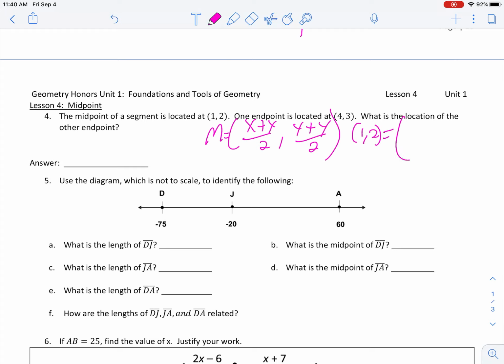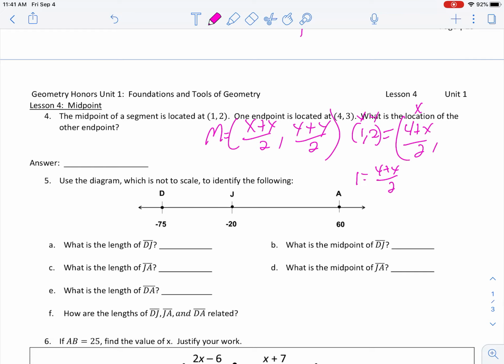What I want to figure out is, hey, if one endpoint is at 4, where does the other endpoint have to be? 4 plus what divided by 2 is going to give me 1, because these are my x's. This is the x and y. So I'm creating two small equations here. 4 plus what divided by 2 gives me 1 for the x location of the midpoint.